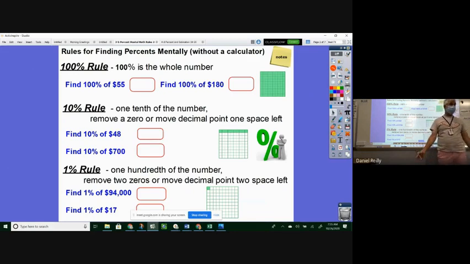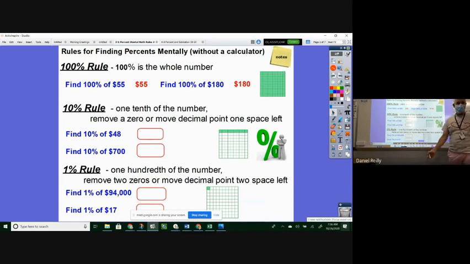It's just the number. 100% of $55, and I'm going to use money in all these problems because the most common place you use percents is with money. 100% of $55, Giancarlos. $55. Pretty simple. 100% of $180, $180. That's a gimme.